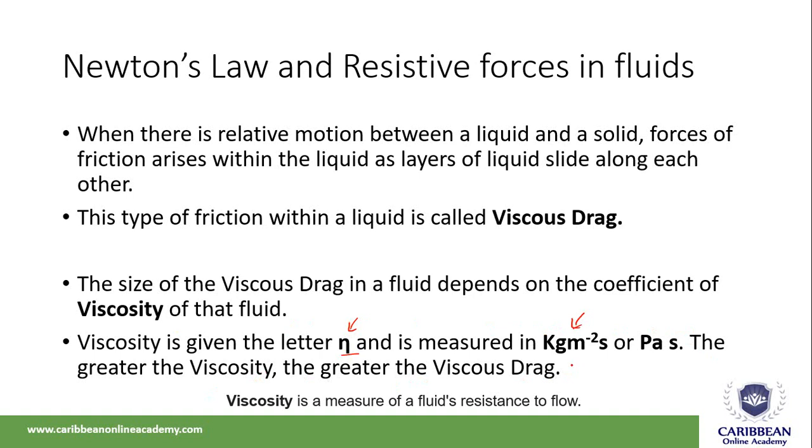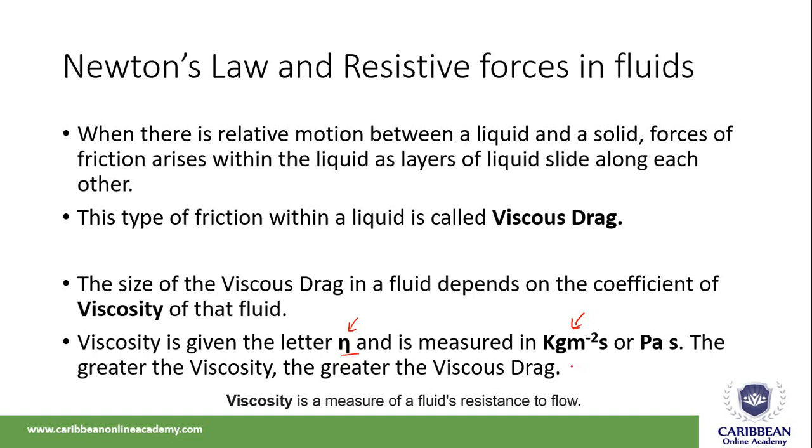So, viscosity has to do with a measure of a fluid's resistance to flow. Different fluids have different resistive ability to flow, meaning that it is all dependent on what is used to make up the liquid.